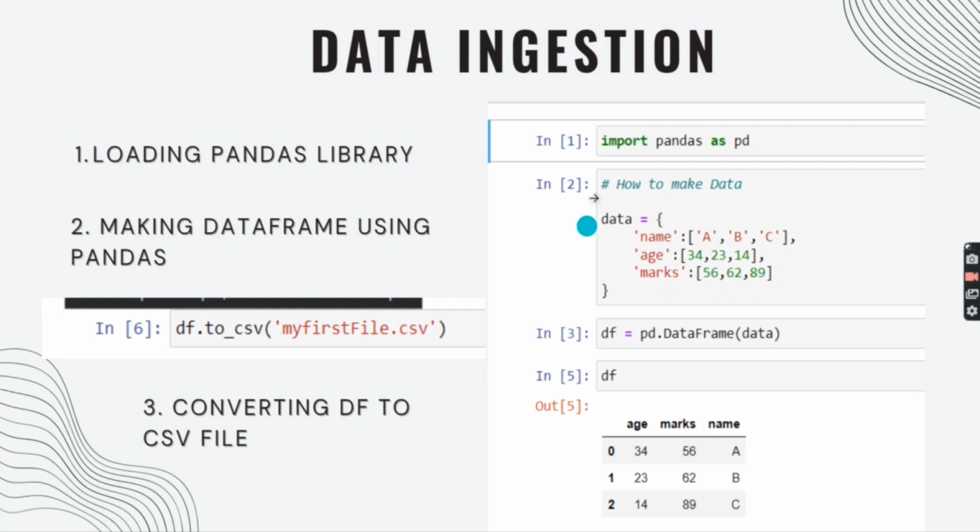Here I have made a small dataset called data with 3 columns: name, age, and marks, with 3 rows A, B, C, where age is 34, 23, 14 and marks is 56, 62, and 89. In this dataset, we use pandas to create a data frame with pd.DataFrame. Here DataFrame is used to easily make a data frame from any kind of dataset. So we get to see our data frame as df here.